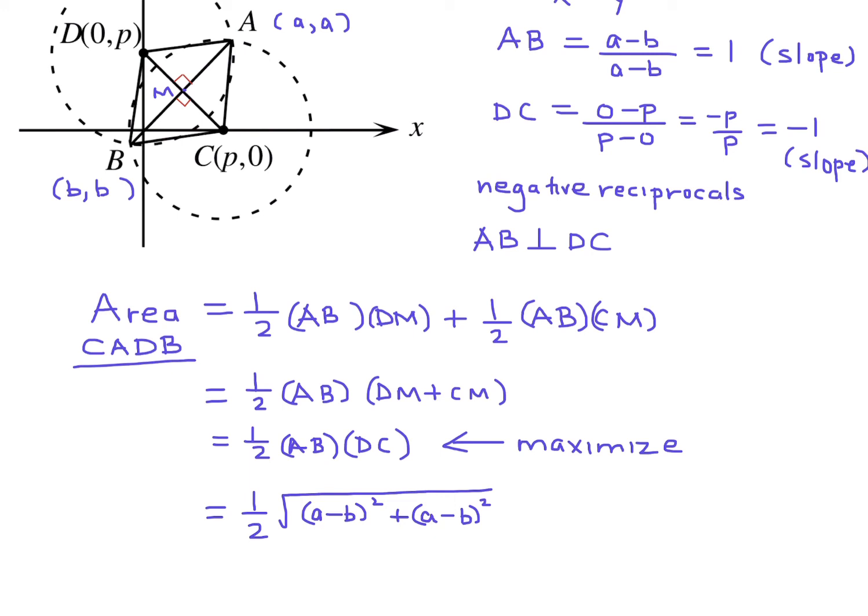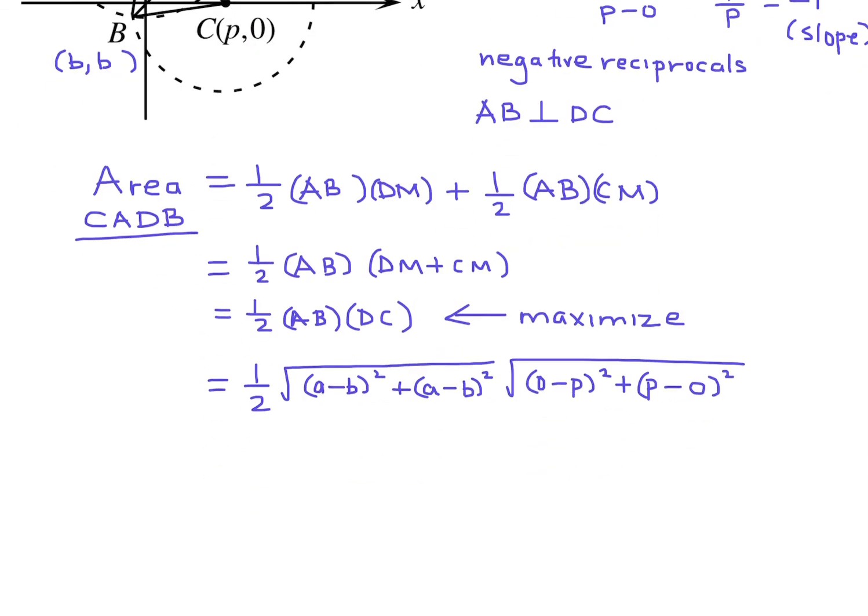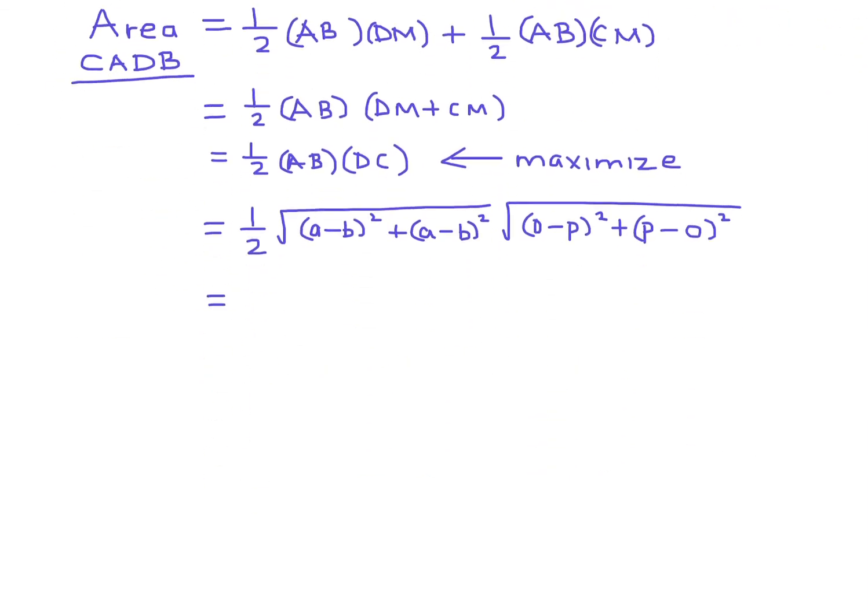In a very similar way, DC is 0 minus P squared plus P minus 0 squared, all under the square root sign. Okay? All right, so now I can move it up. If we expand, we will get 2A squared minus 4AB plus B squared. And this other part simplifies to just 2P squared under the square root.